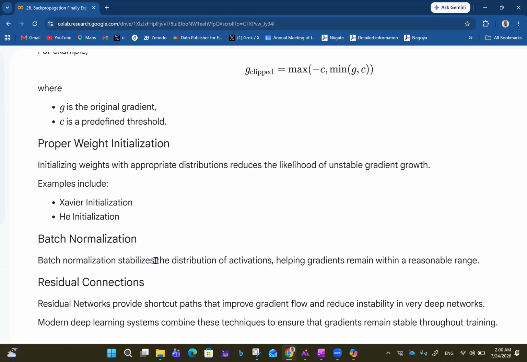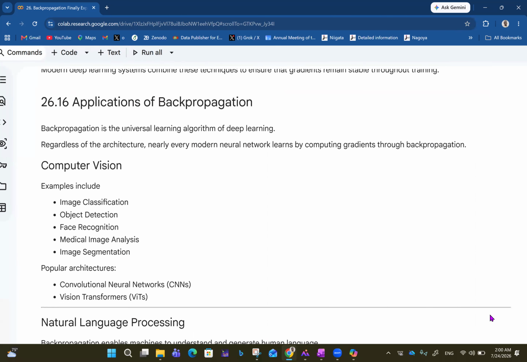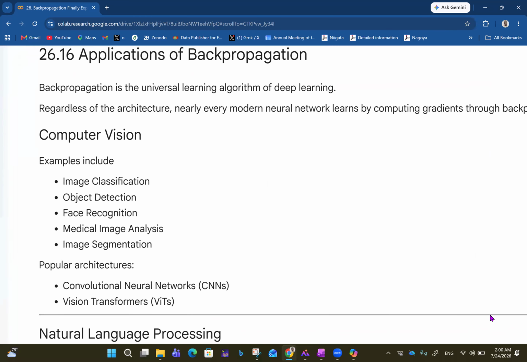Batch normalization stabilizes the distribution of activations, helping gradients remain within a reasonable range. And then you have residual connections. Residual networks provide shortcut paths that improve gradient flow and reduce instability in very deep networks. Modern deep learning systems combine these techniques to ensure that gradients remain stable throughout training. So thankfully, we have solutions to the vanishing gradient problem and the exploding gradient problem.